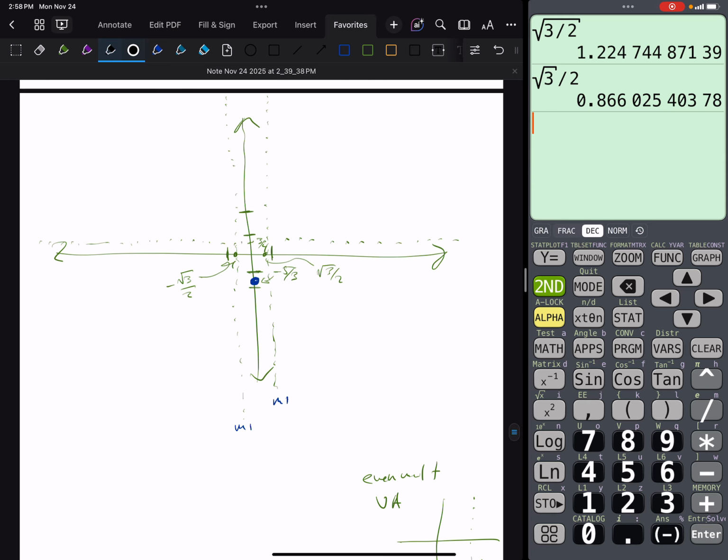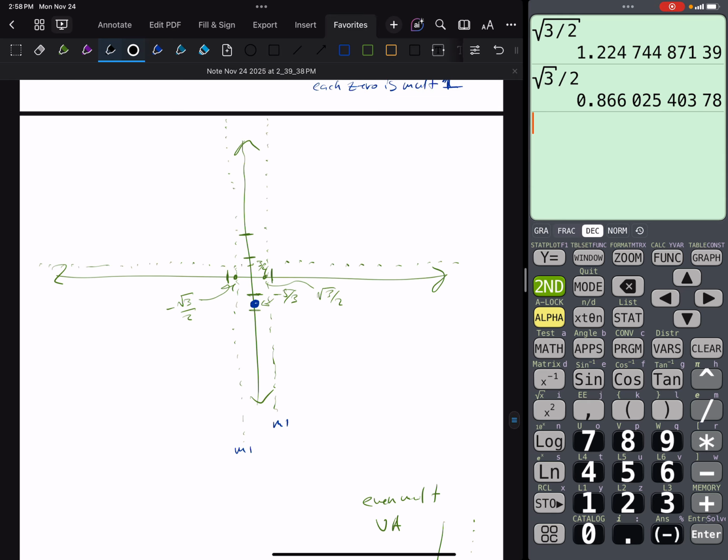And so looking at this, there's only one place I can start my graph, and that is my y-intercept. And I know that it has to approach those vertical asymptotes and that it cannot cross the x-axis. Well, there's only so many ways that that can happen, and that's the only one.